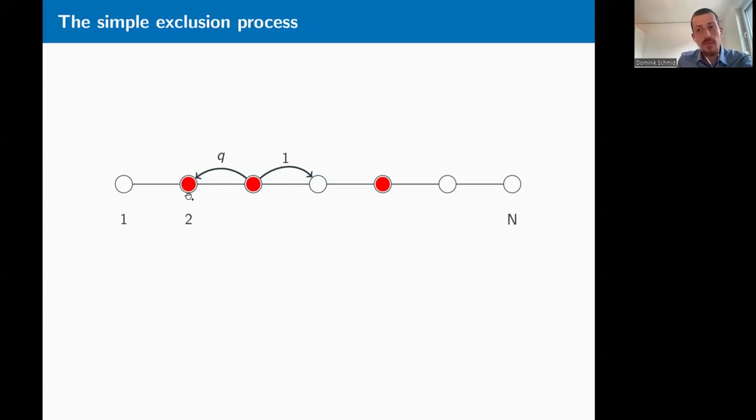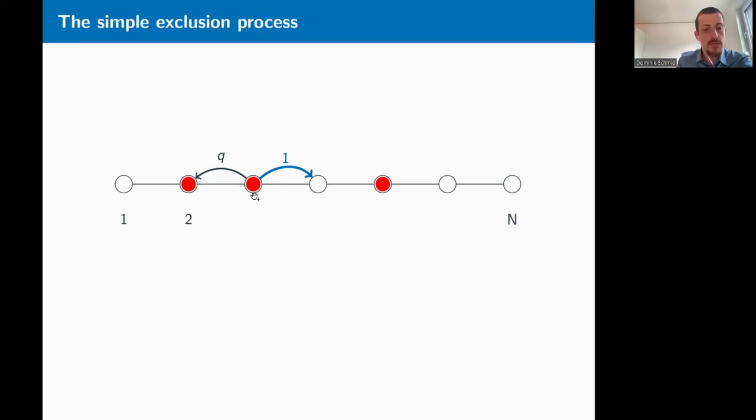Now, whenever one of the two clocks rings, let's say for this particle here the clock to the right rings, we think of this as attempting a jump, in this case to the right if the exponential 1 clock rings. And this move is performed if and only if it is jumping to an empty site.